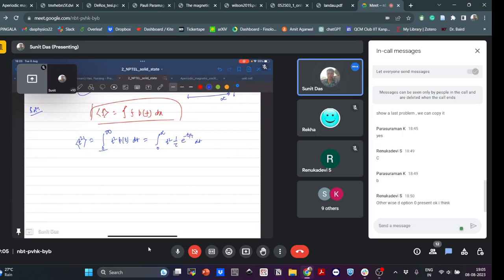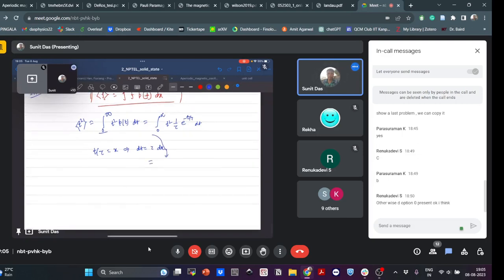Okay, now for simplicity we can assume that t by tau equals x, so that dt equals tau dx, which converts this equation into 1 by tau, t equal to x square tau square, the 0 to infinity limit remains the same, and then e to the power minus x dx, right?